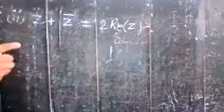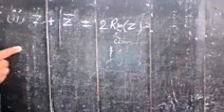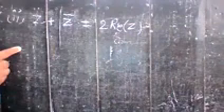And in the same way, the second property: Z plus Z bar is equal to 2 times the real part of Z. Okay, so how do you check it?